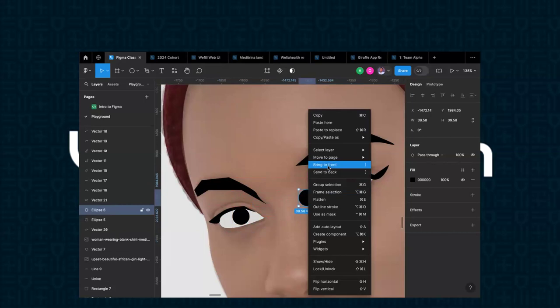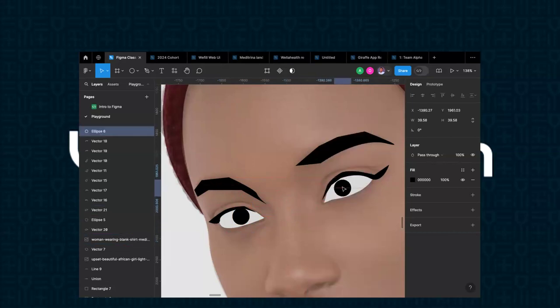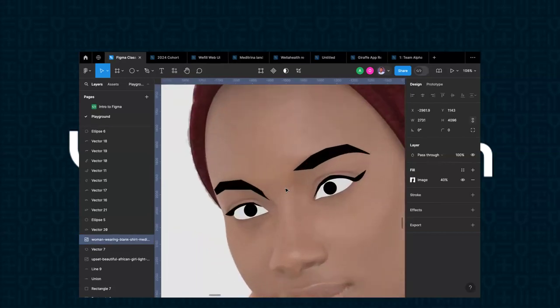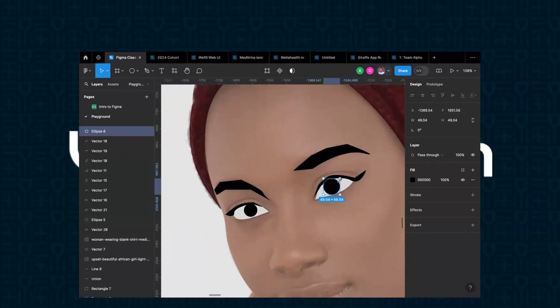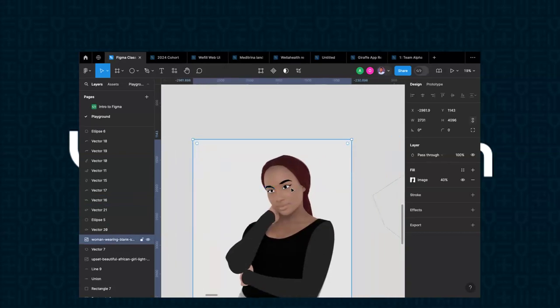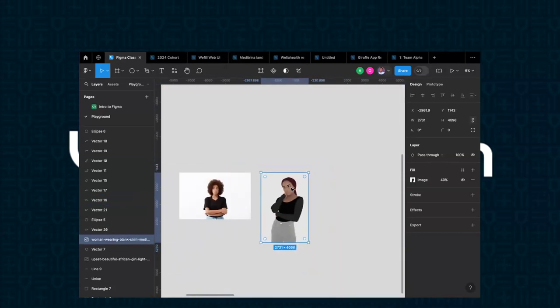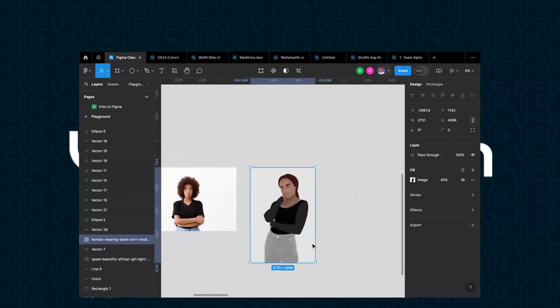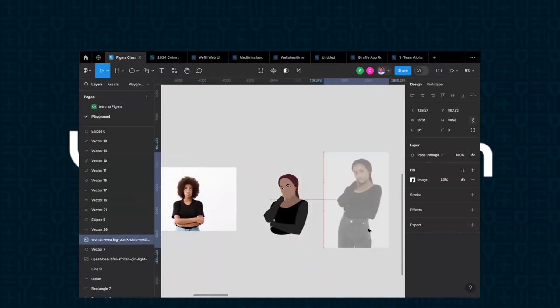So this, bring it to front. You decide what works for you, right? I'm just rushing it because we don't have time. But essentially, this is it.